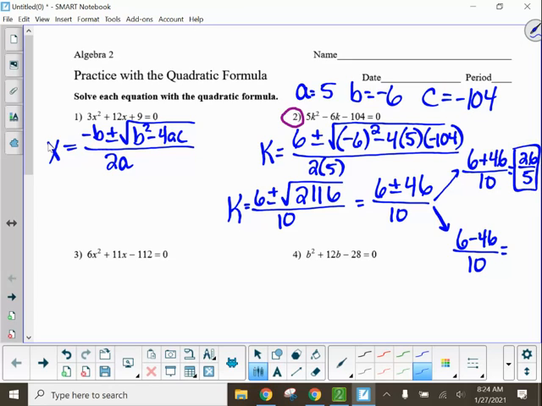So that's one of my solutions. 6 minus 46 is -40, divided by 10 is -4. So that's my second solution. So all of these problems are going to give you 2 different solutions. This one happened to have 2 rational solutions because, again, I got that perfect square inside the square root.